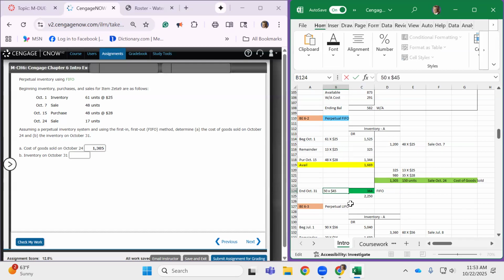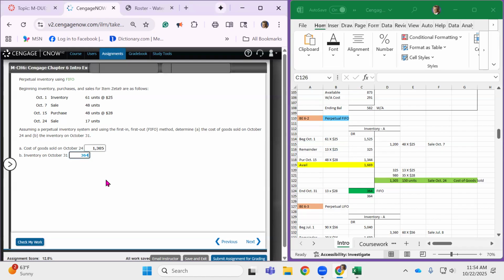Let's double check this. The 13 remaining that we have are of the $28 cost. I believe we should have $2,250 left, if we add, let me see where we're at. Nope, we have 13. Let me go back. So 13 remain at the $28 cost. So 364, I believe, is where we're at.